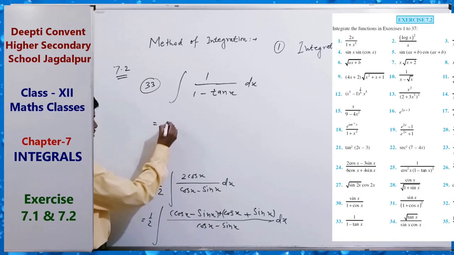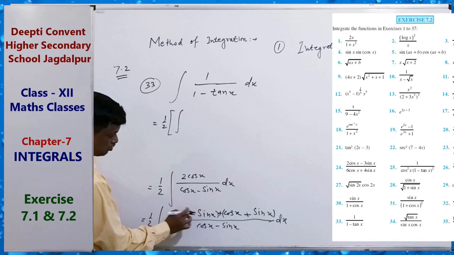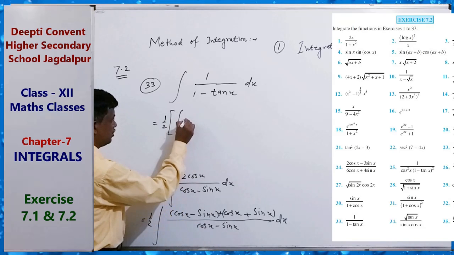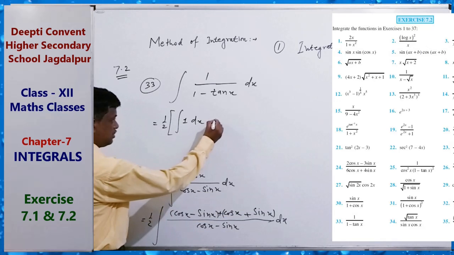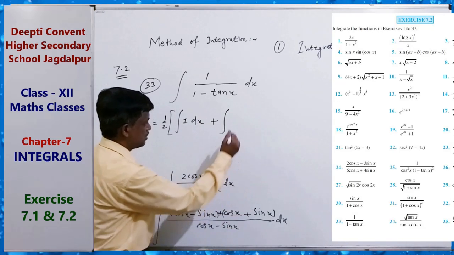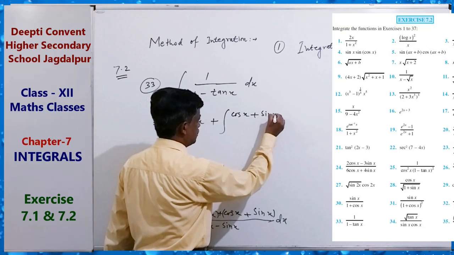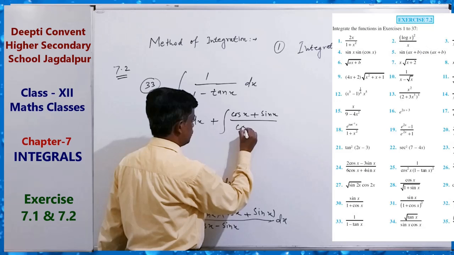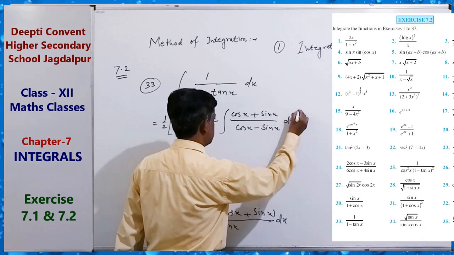This is equal to half of the first part, integration of cos x minus sin x by cos x minus sin x, that is 1 dx, plus integration of cos x plus sin x upon cos x minus sin x dx.